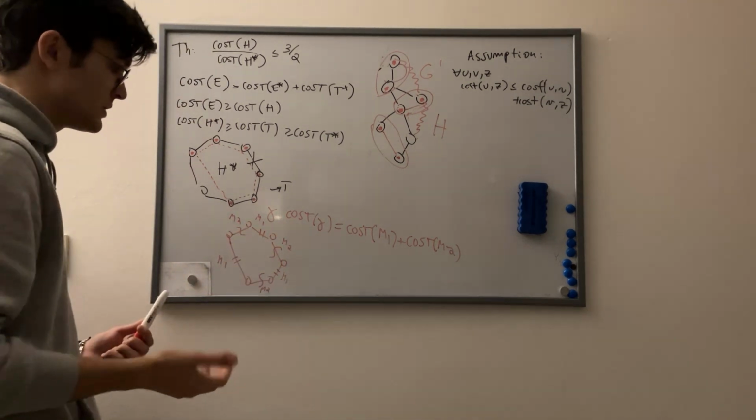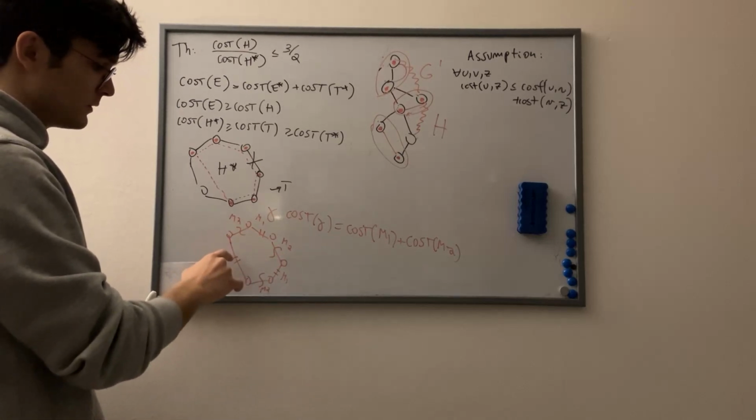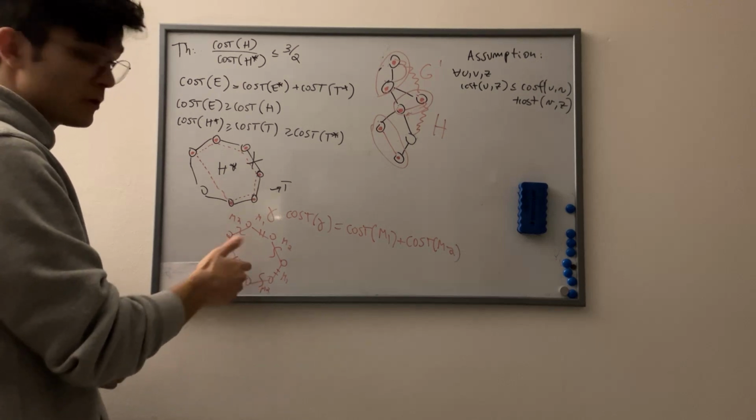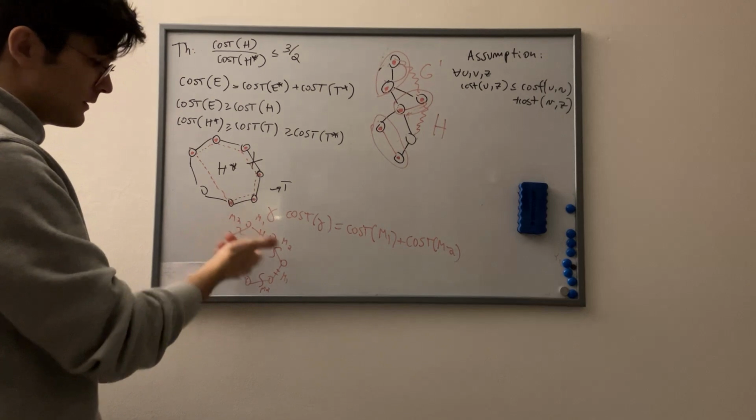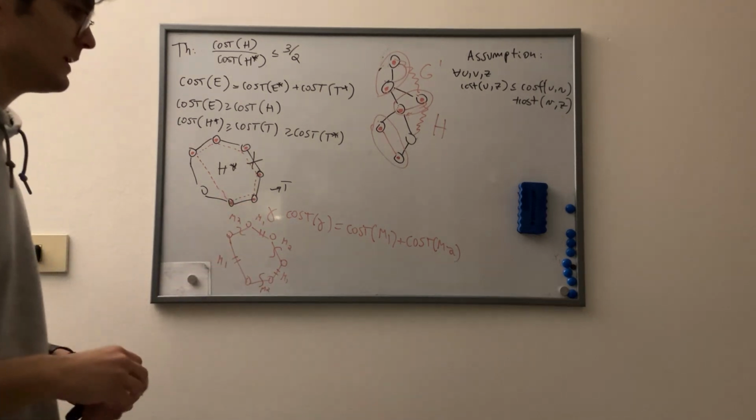Those are valid matches because they are edges that are non-overlapping, so none of the nodes belong to two different edges, and they cover all of the nodes in the graph. So they are valid matches.